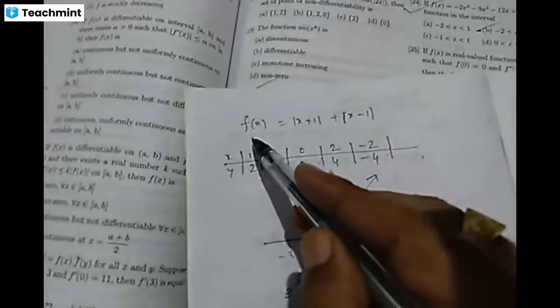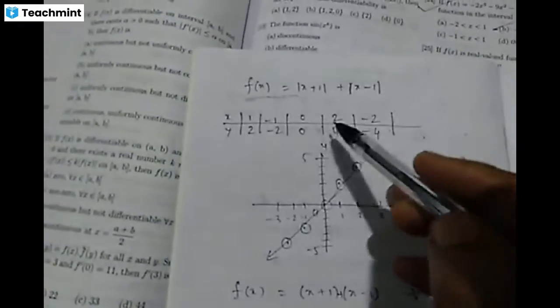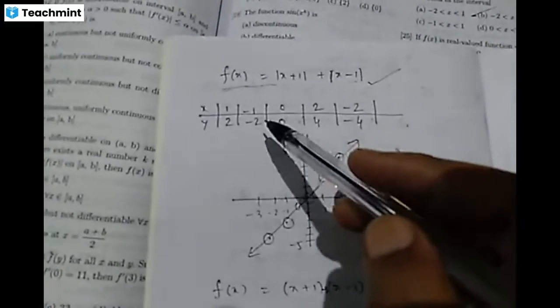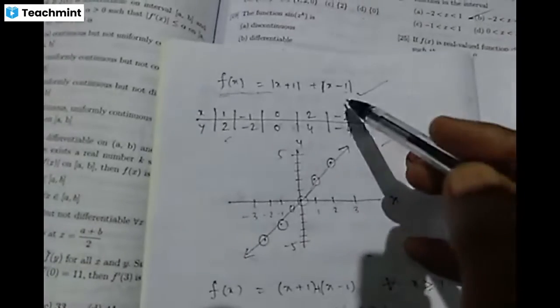I have solved this. First we will take f(x) = |x + 1| + |x - 1|. Now I want to know whether it is continuous or not first, then I will determine whether it is differentiable or not. So we find some points that are satisfied by the function.